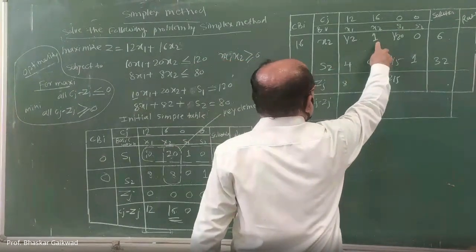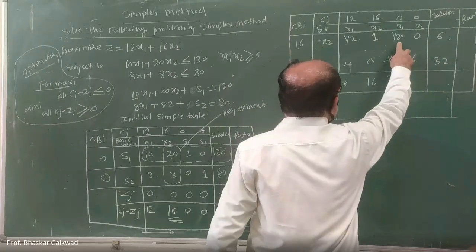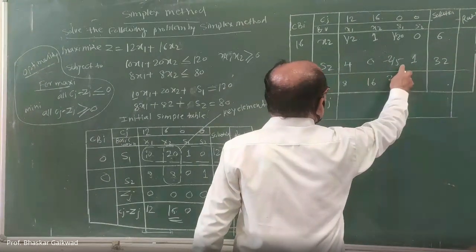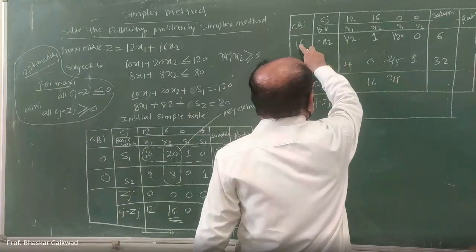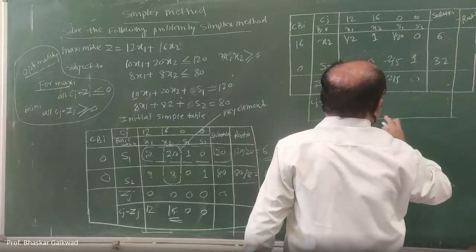So 16 into 1 plus 0 into 16 into 1 by 20 plus 0 into 20 2 by 4. 16 into 0 plus 0 into 1, 0.